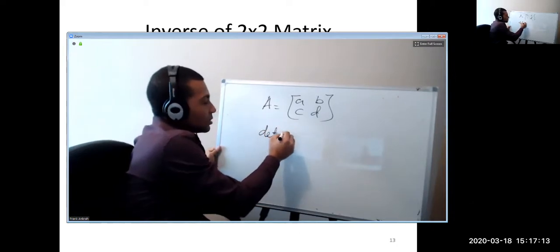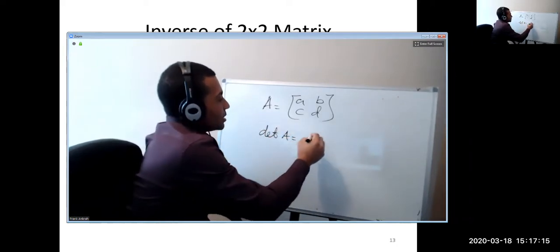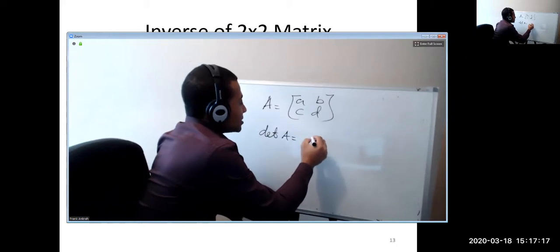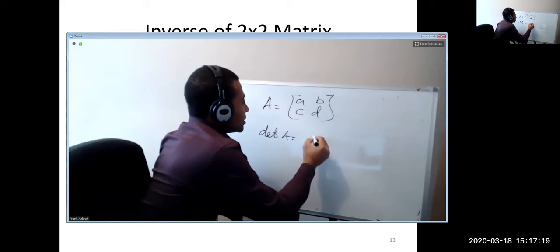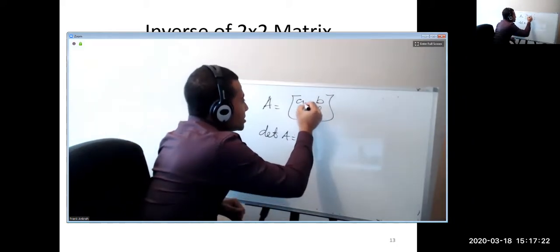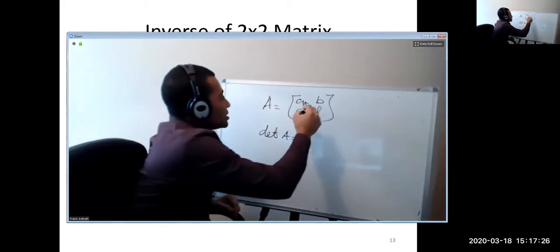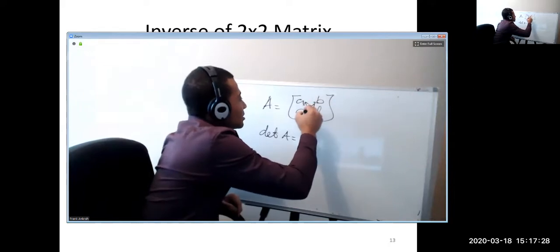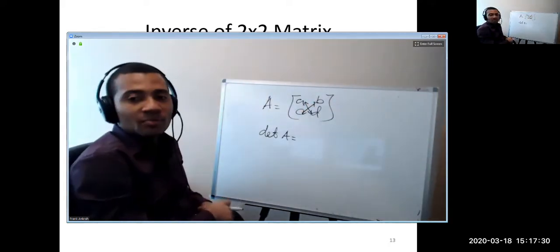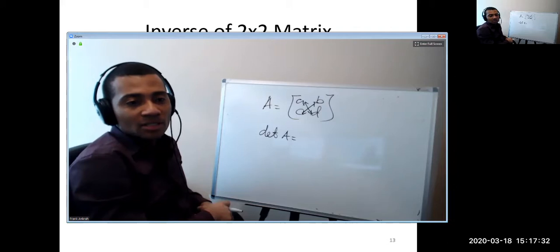The determinant of A is given by multiplying these two together, A times D, and then subtracting B times C from it.